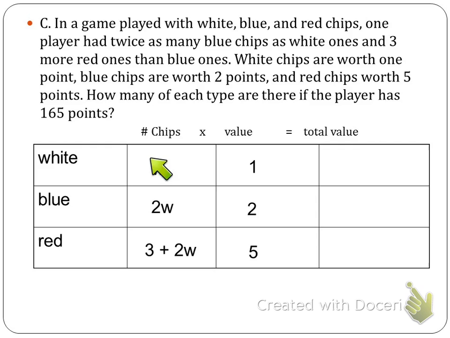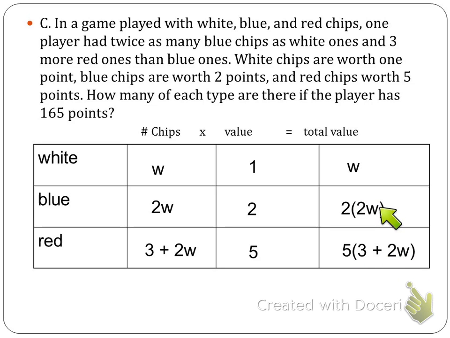So 1 times W, 1W. 2 times 2W. And 5 times 3 plus 2W. So I just multiplied the columns together. That gives me the total value of each. This is the total value of the whites, the total value of the blues, the total value of the reds.